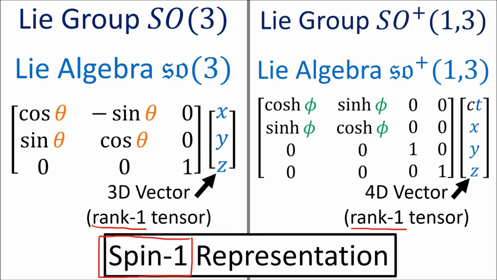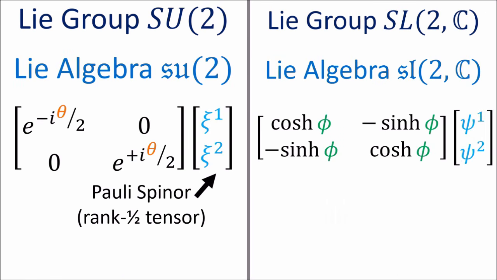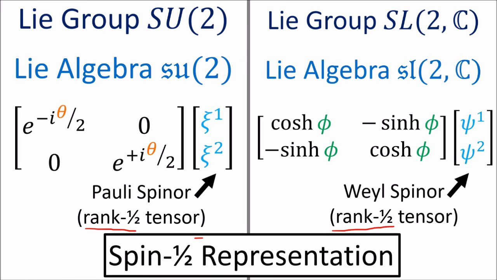This helps us understand how the spin 1 particles behave when we do rotations and boosts. But what about other particles, like the spin 1/2 particles? This will be covered in the next video, where I cover the spin 1/2 representation, which is one of the multiple different representations of the SO3 and SO plus 1, 3 Lie algebras.